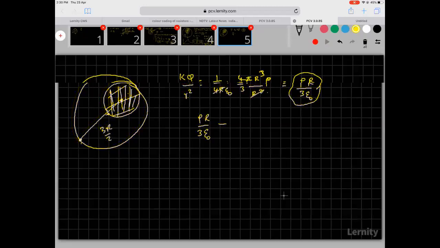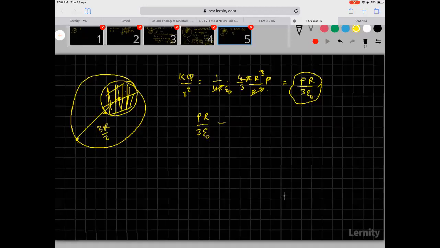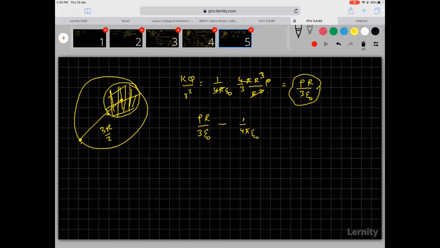So 1 by 4 pi epsilon naught kq. Q is how much? 4 by 3 pi r cubed by 8 into rho, by r squared. R squared is 9r squared by 4. So the 4 goes up. Now this 4 pi here gets cancelled. 4 will get cancelled here 2 times. R squared will get cancelled here.